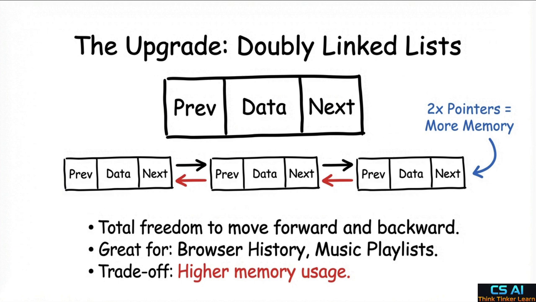This upgrade gives you total freedom to move both forward and backward through the list, making it incredibly versatile. This structure is great for things like browser history, where you might want to go back and forth between pages, or music playlists, where you skip forward or rewind. The trade-off, however, is higher memory usage, as each node now requires twice the number of pointers.